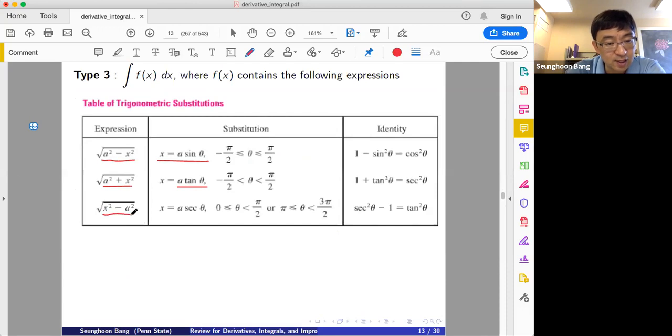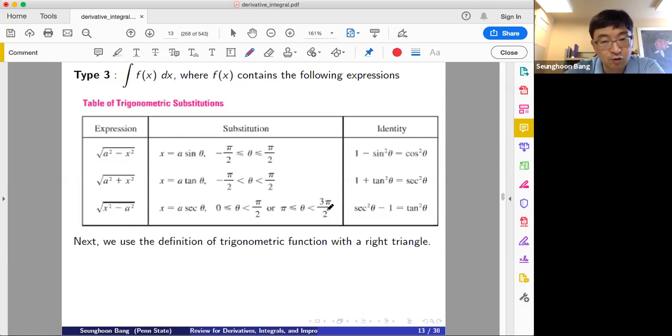For the x squared minus a squared form, x is a secant theta. Next, you have to eliminate the square root form by using identities. 1 minus sine square theta is cosine square theta. 1 plus tangent square is secant square. Secant square minus 1 is tangent square. You have to simplify. Next, you can use the triangle.